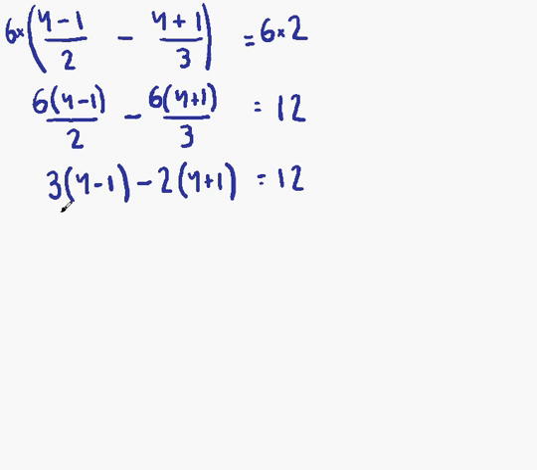So multiplying them out, 3 times y is 3y. 3 times minus 1 is minus 3. Minus 2 times y is minus 2y. Minus 2 times 1 is minus 2, and that is equal to 12.